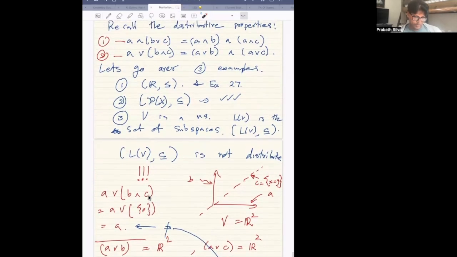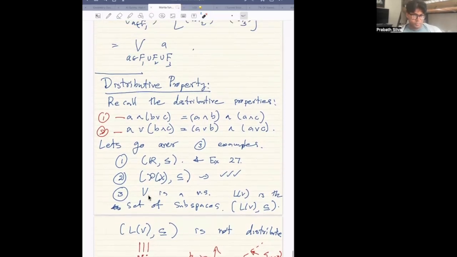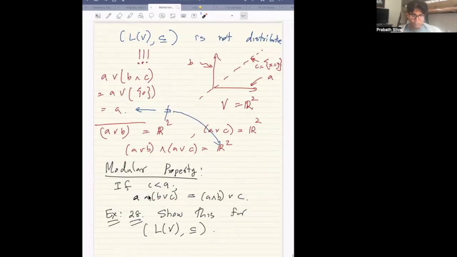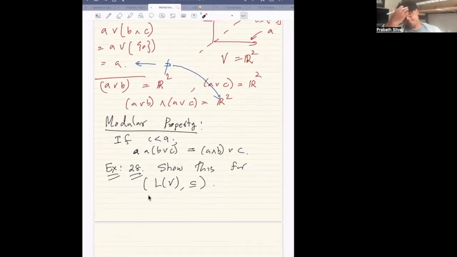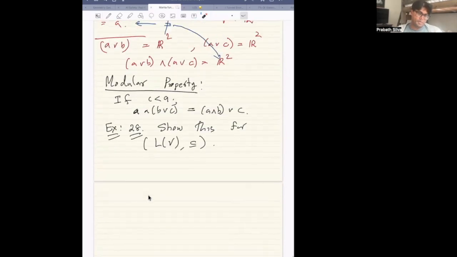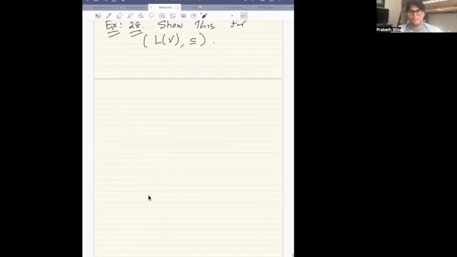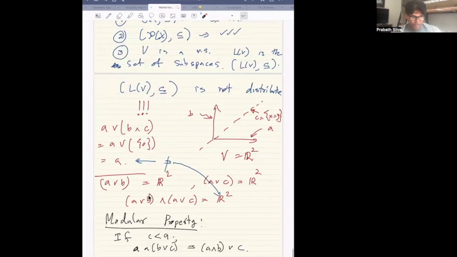Now, let's move on. I'm basically describing a whole bunch of properties for the partial orders, and then I'll go back and study these things more carefully. Okay.